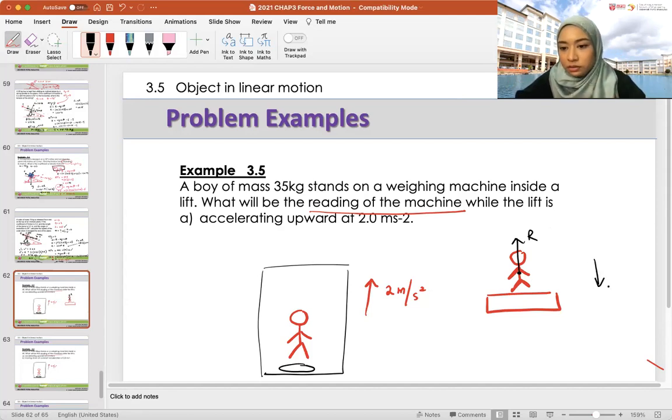Therefore, Soh punya mg, right, the force that is going down, and Soh is standing still, so dia punya reaction force is equal to mg, but the mg on moon is smaller than the mg on Earth. Therefore, Soh akan jadi ringan.